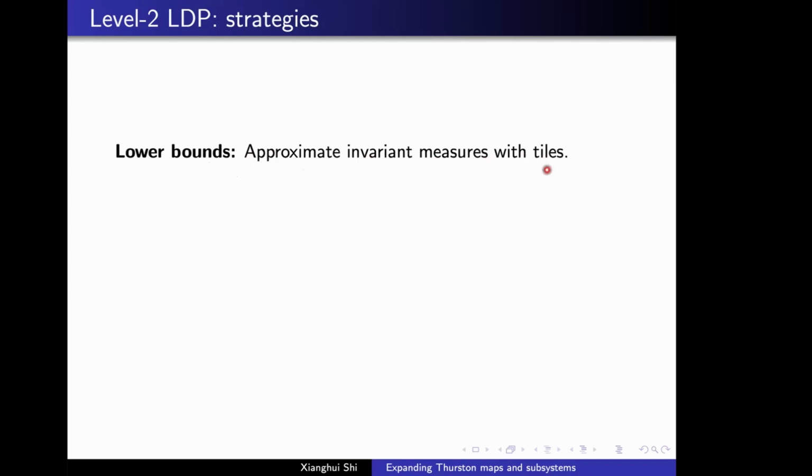In proving lower bounds, we use the entropy density of ergodic measures. As I said before, by using this property, it suffices to consider ergodic measures instead of general invariant measures. And for ergodic measures, we can apply Birkhoff's ergodic theorem and the Shannon-McMillan-Breiman theorem.